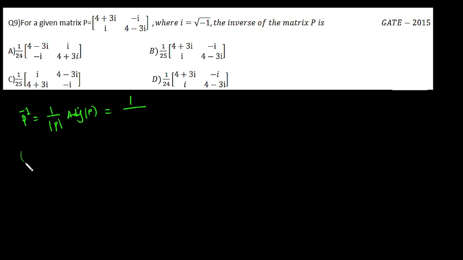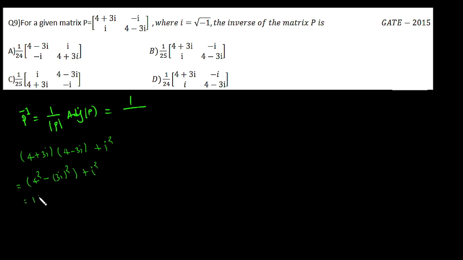So we have simply 4 plus 3i multiplied by 4 minus 3i, and here we have minus plus i square. It is nothing but (a plus b)(a minus b), so it will be 4 square minus (3i) square, and here plus i square remaining.